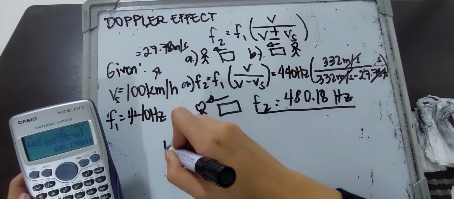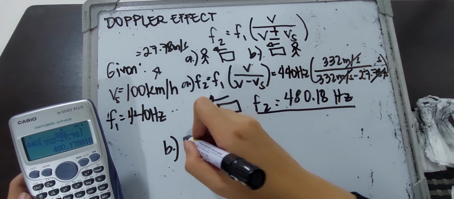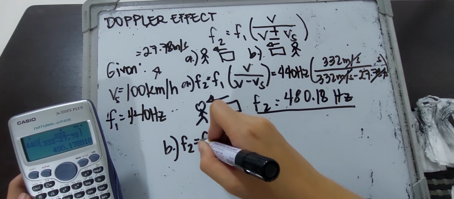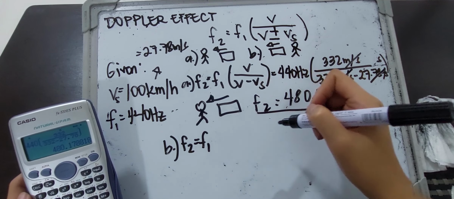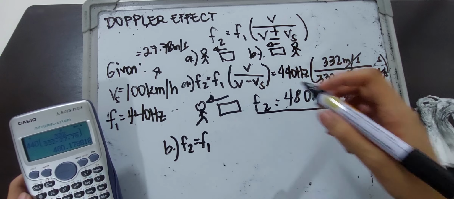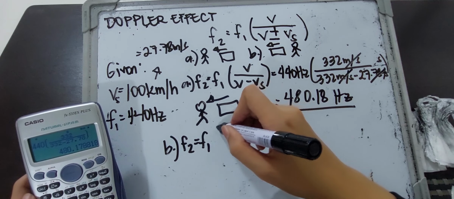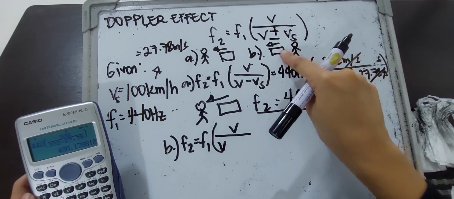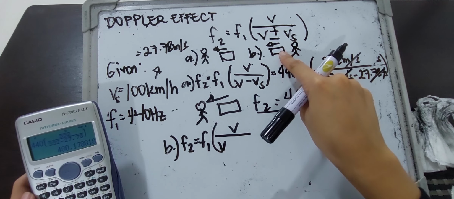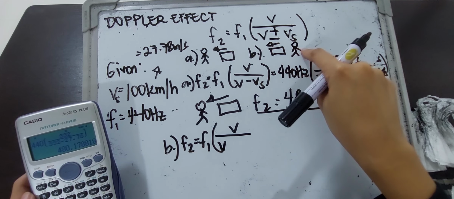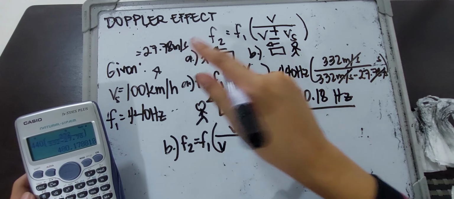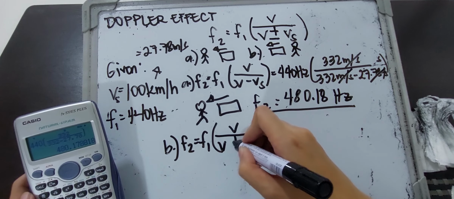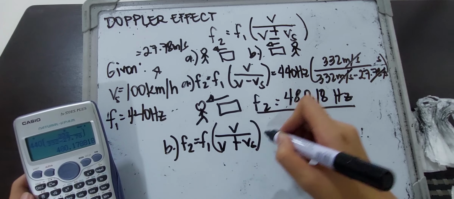So, sabi naman, same formula. F sub 2 is equal to F sub 1 times V. And since lumagpas na yung car dun sa observer, ibig sabihin papalayo na, so plus speed of the source.